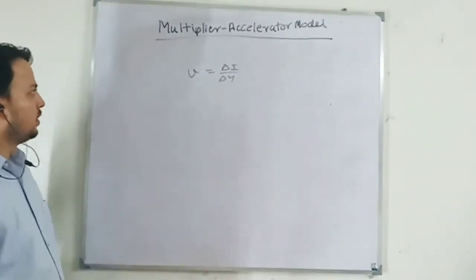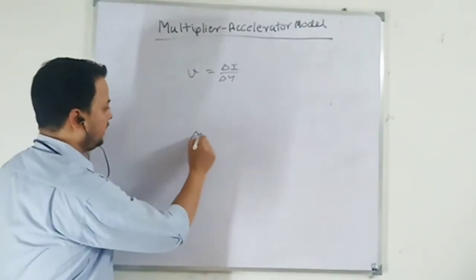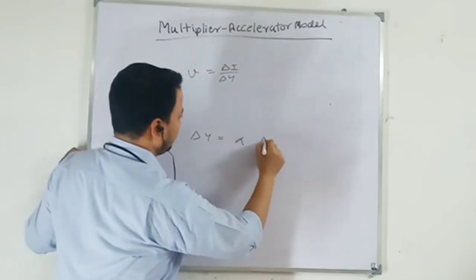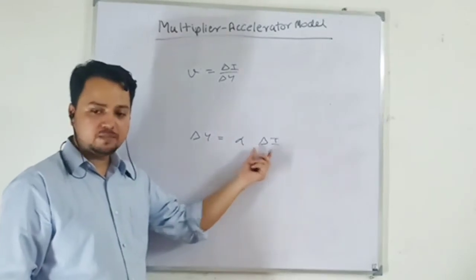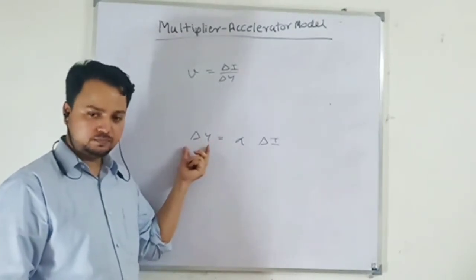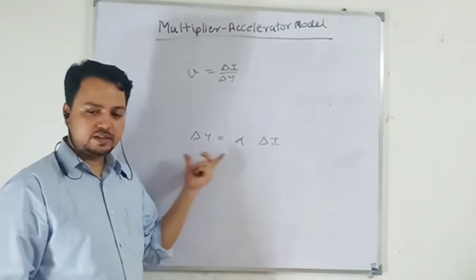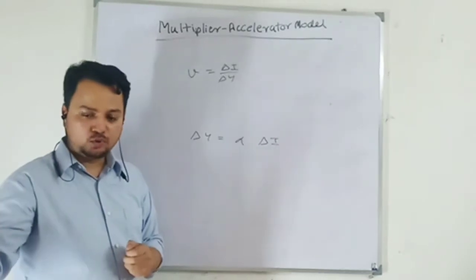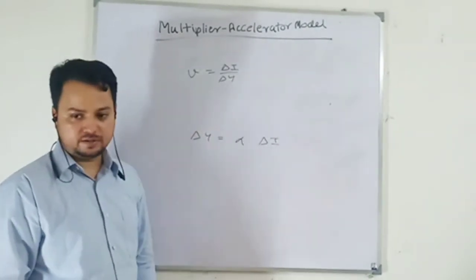So here what is happening is that when you multiply times delta I, investment, the initial investment that takes place, is influencing your income. Here, increase in output is influencing your investment. That is why it is called accelerator.